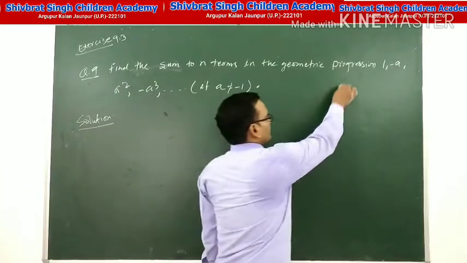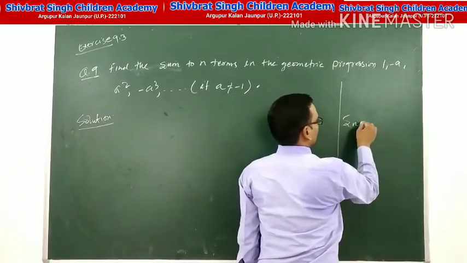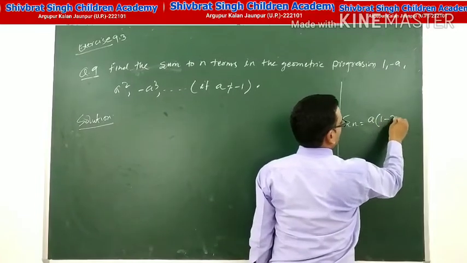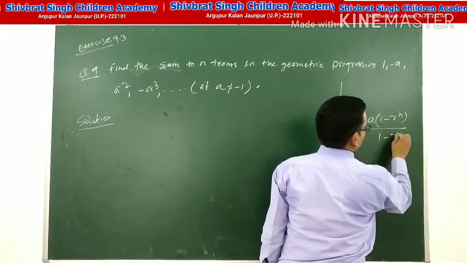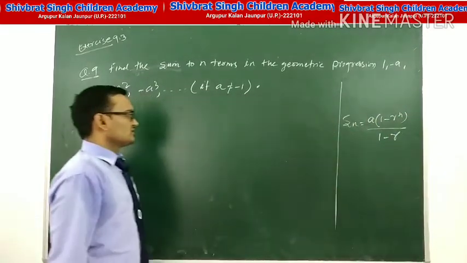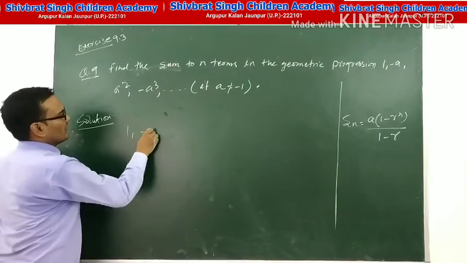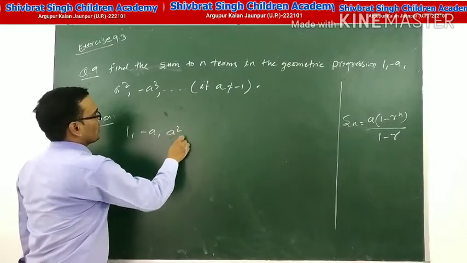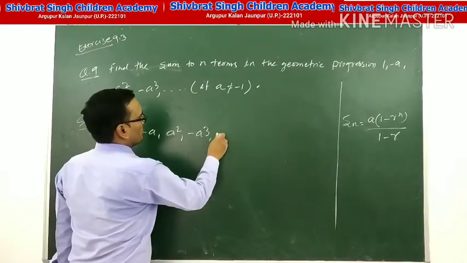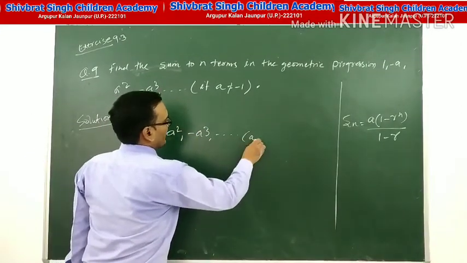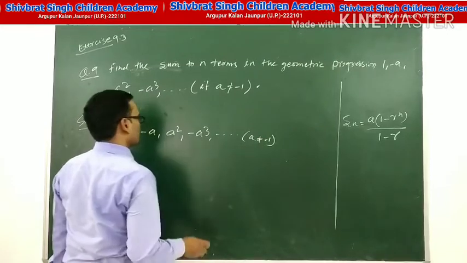Student, tell me, what is the formula of Sn? Sn equals a into 1 minus r to the power n upon 1 minus r. Here 1, -a, a square, -a cube, and so on is the GP.